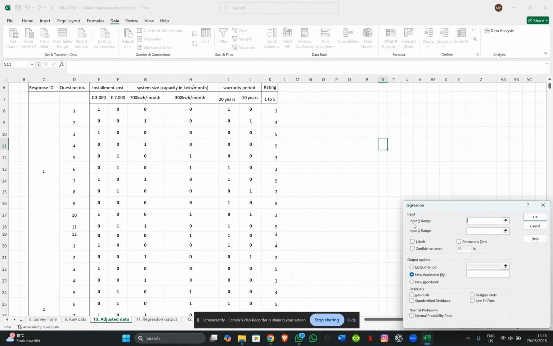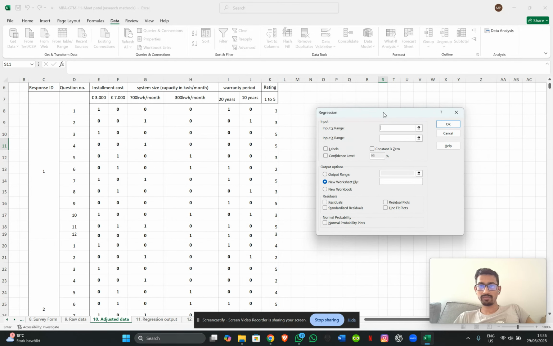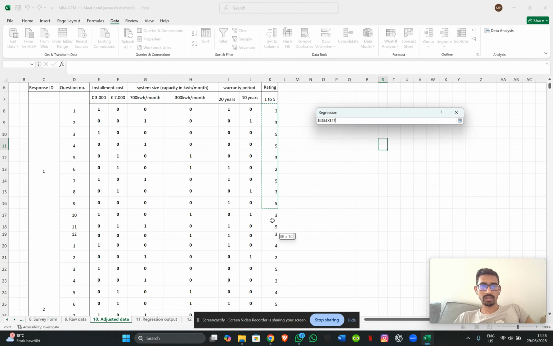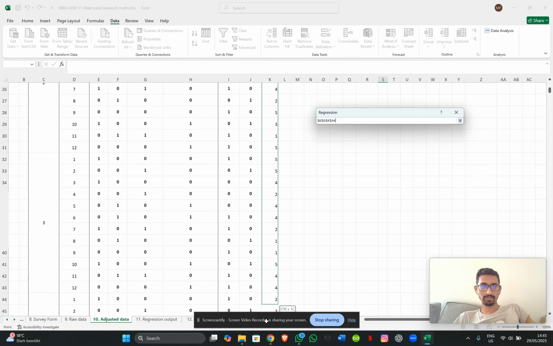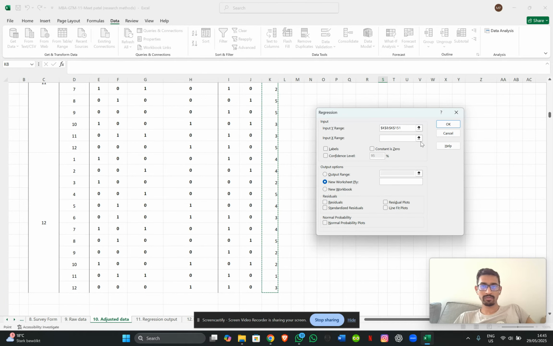It asks for the input Y range, where I select the rating first.